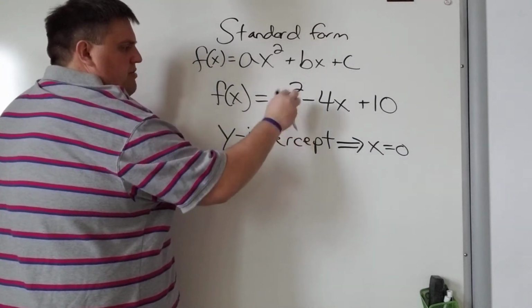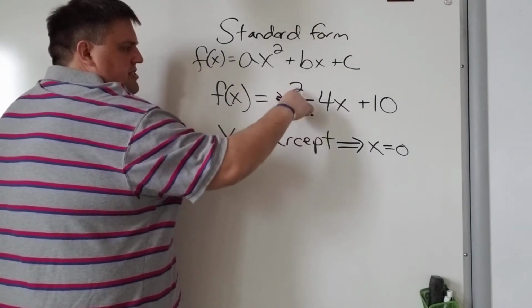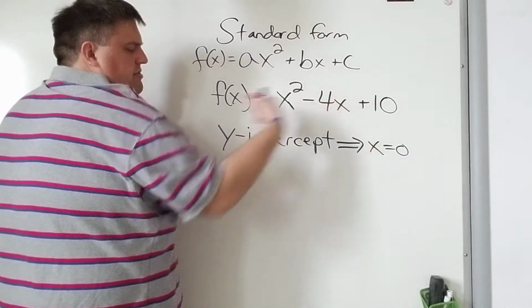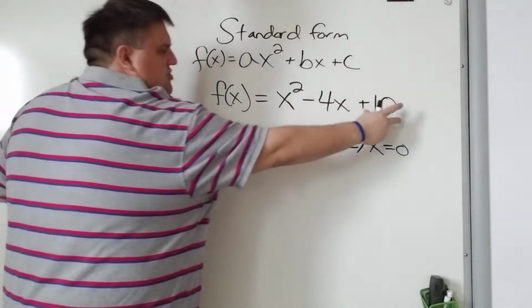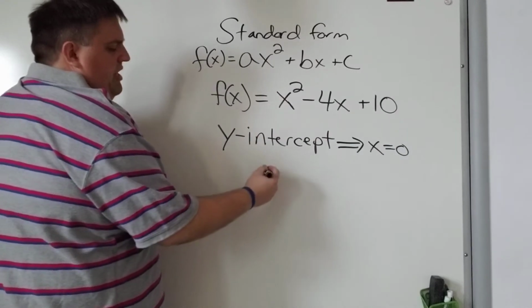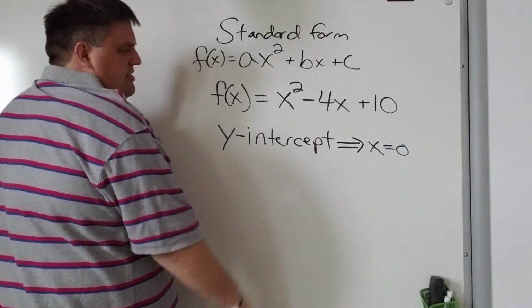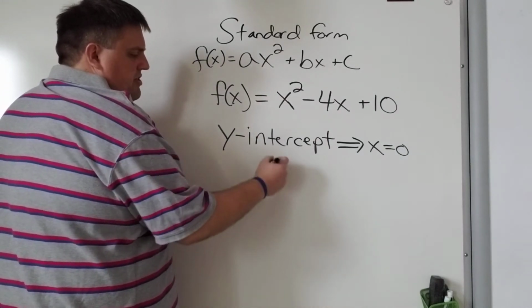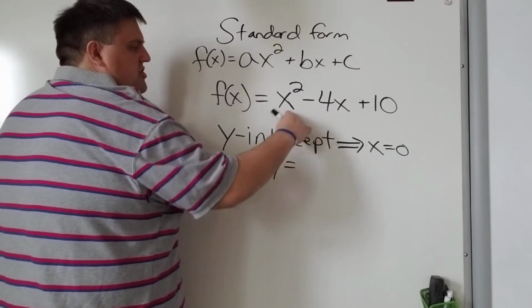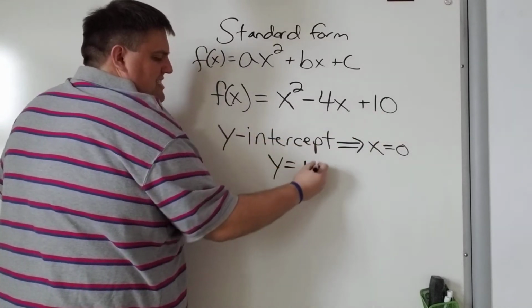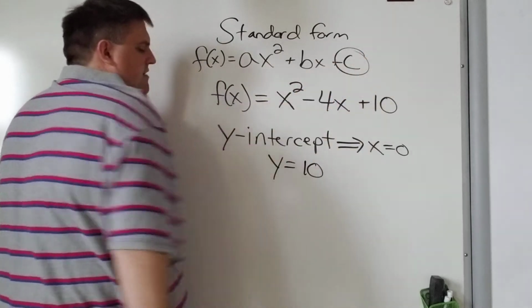If we make x equals 0, this is 0 squared, this is 0 times negative 4, this is just 10. So what's really going to happen is for my y-intercept here, like where does it cross the y-axis, it's just going to tell me that that's what my c term is going to give me.